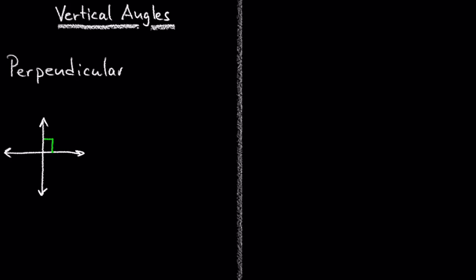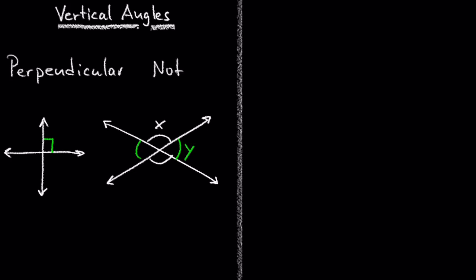If the two lines do not form a right angle, like here in this example, then two of the angles are acute angles and two of the angles are obtuse angles.